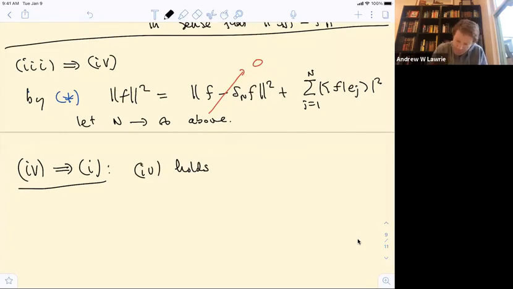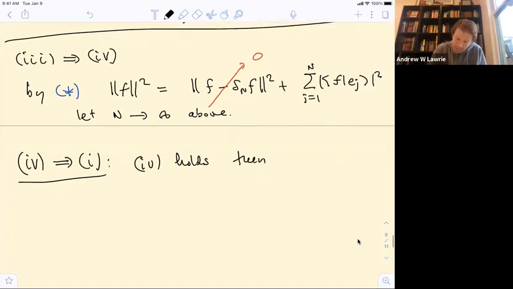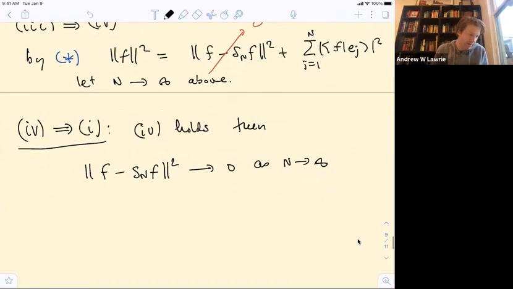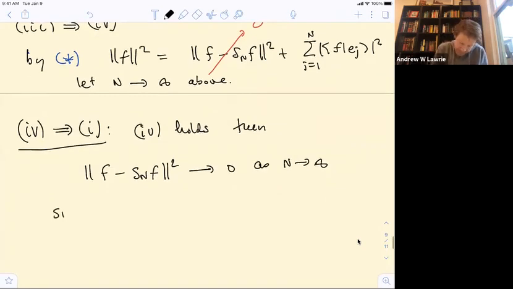Then if 4 holds, this is true by the above as well.